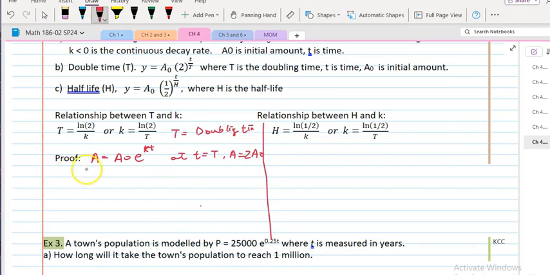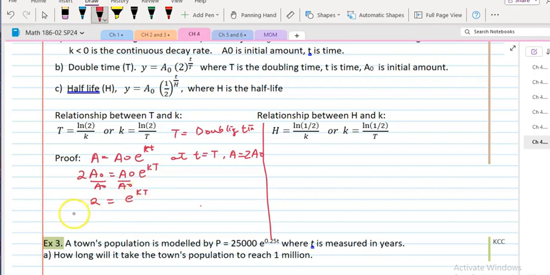So 2 A0 equals A0 e to the k times the big T, which is the doubling time. Then the A0 and A0 cancel. If you divide both sides by A0, you have 2 equals e to the kT.